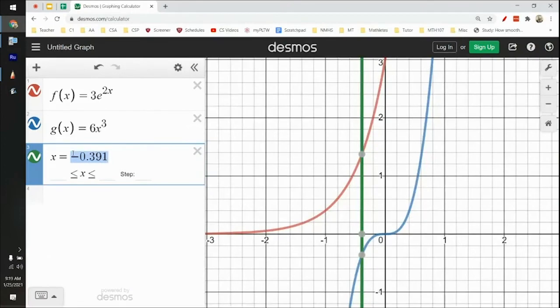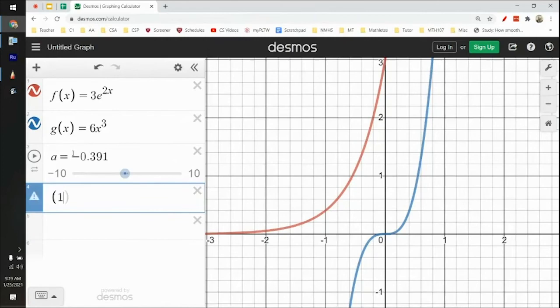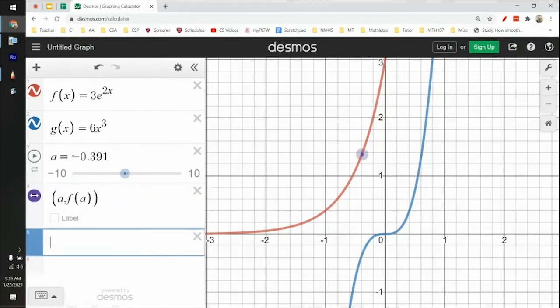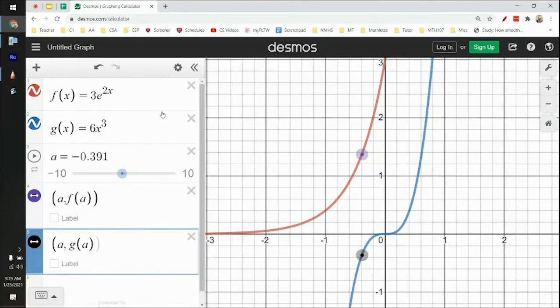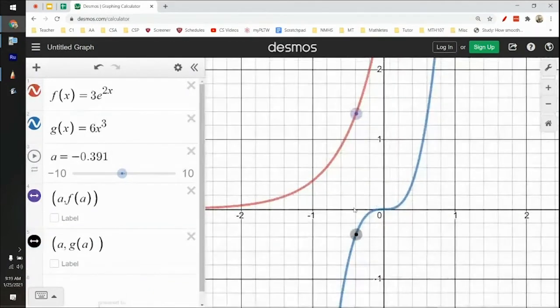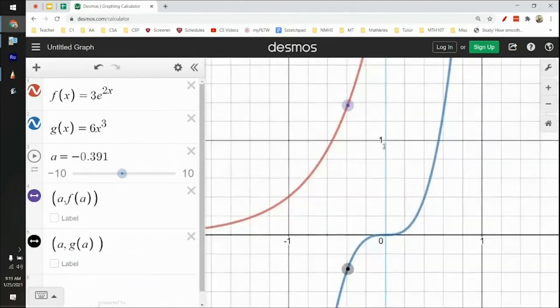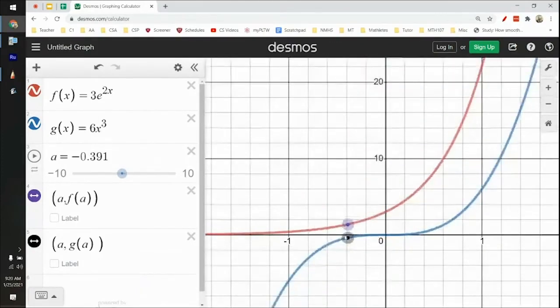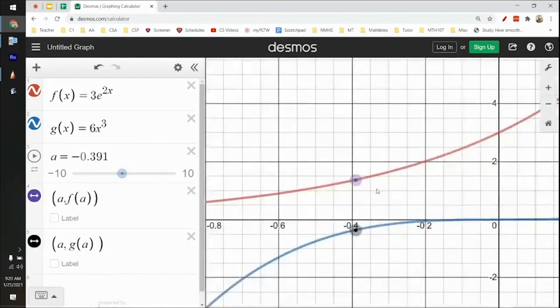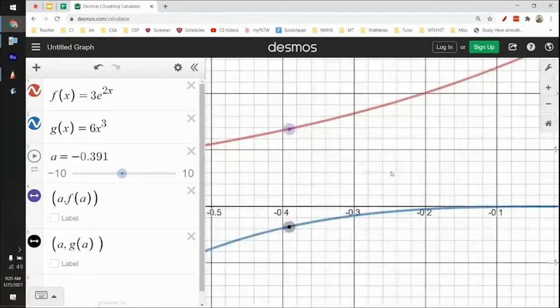Here, hold on, let's set this equal to A, and then we're going to graph A, f of A, oops, that's embarrassing, and then A, g of A. Okay, so I was off because I thought that was a 1 there. But essentially, hold on, let's cram these down right next to each other. Essentially, if I zoom in here, these should be the same slope. I'm going to try to cram this down a little bit more.